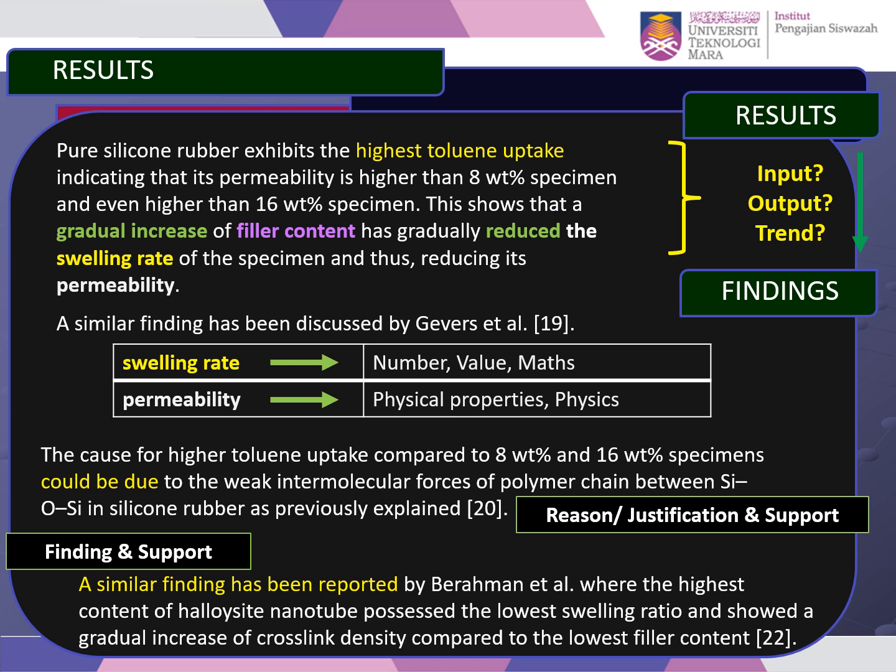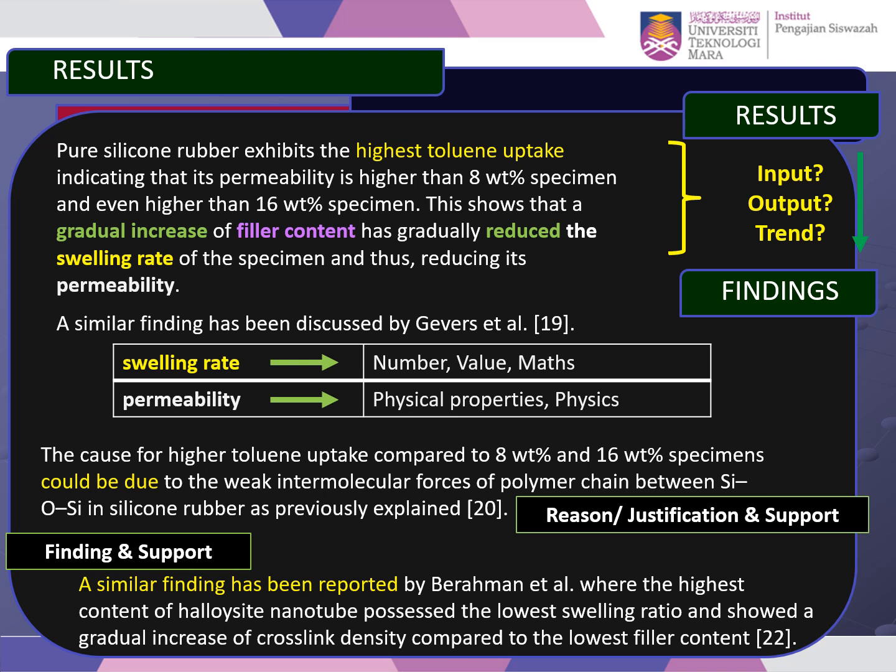Now, when we put the words swelling rate, you put increase or reduce the swelling rate. The swelling rate is a number, a value, mathematics. Now the real effect is on the permeability, so it's also thus reducing its permeability. The permeability here is the physical property, or the physics.